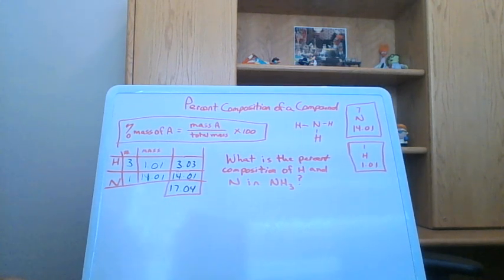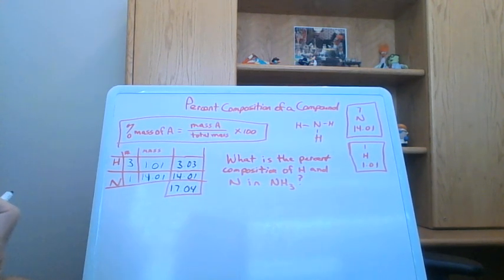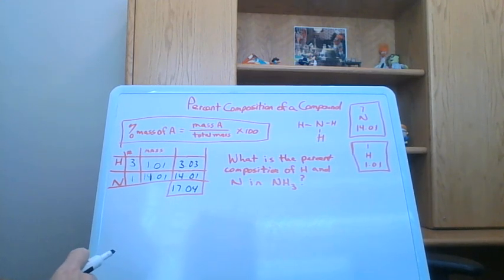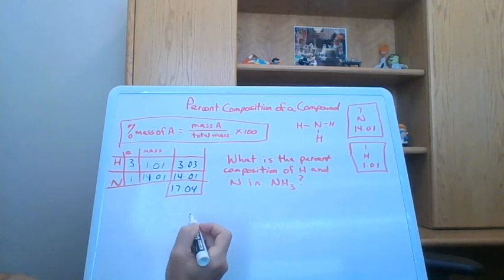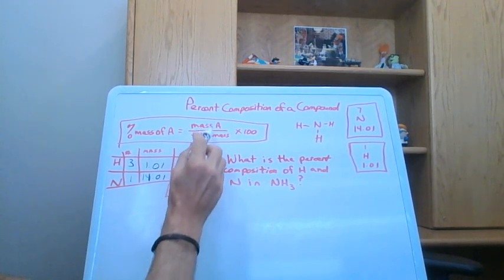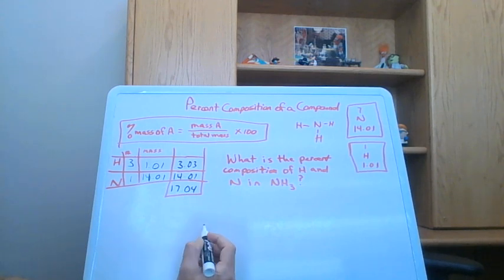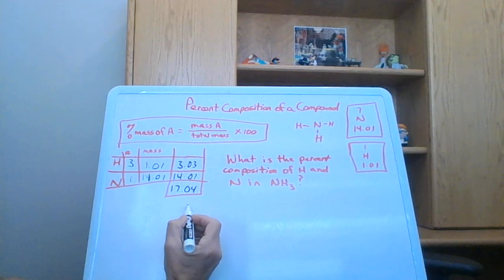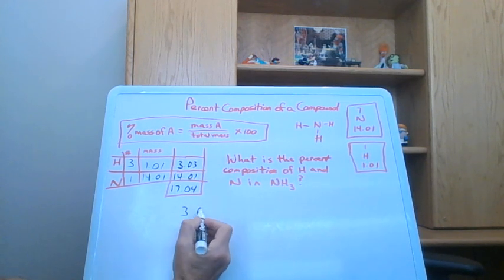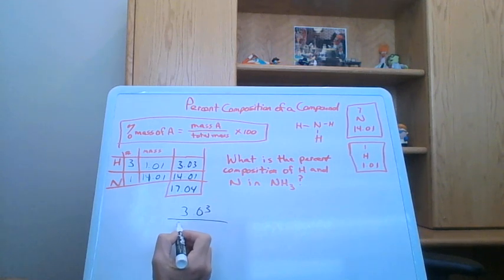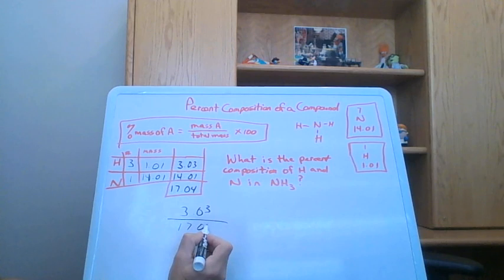So that total molecular weight is 17.04 grams per mole, right? So that's the total mass of the molecule there. So what we want to do now is find the percent mass, which is the mass of A divided by the total mass. So for hydrogen, its contribution is 3.03, and the total mass is 17.04.